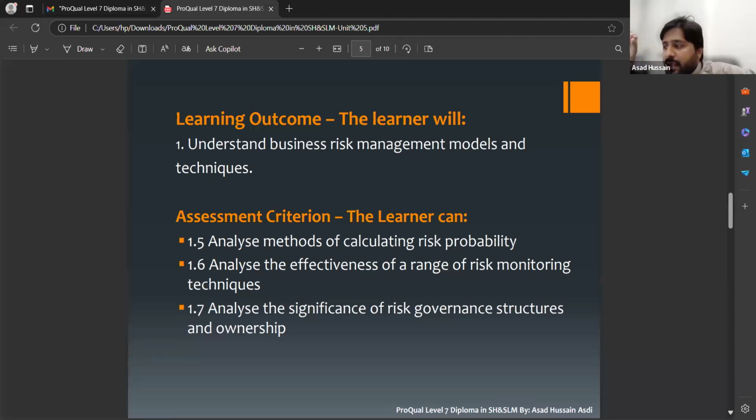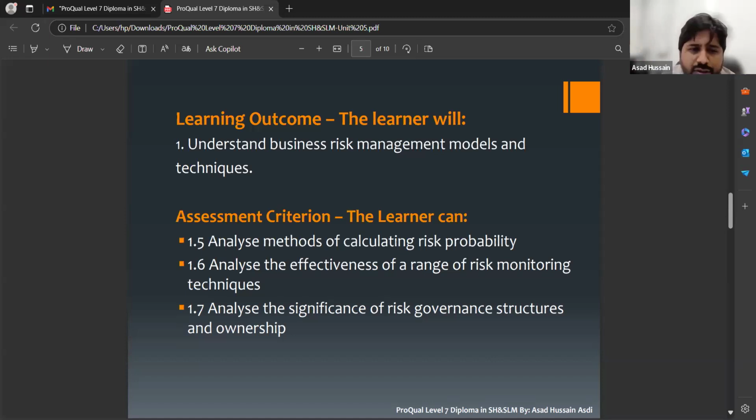Basically, it denotes the responsibility and accountability of an organization with regard to the risk which an organization or institution can face.